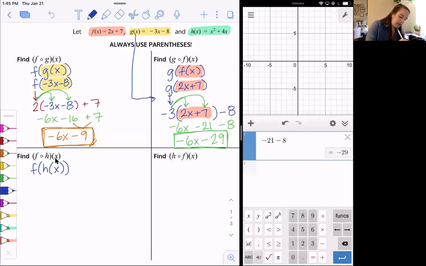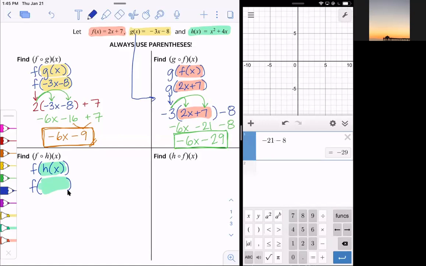All right. What is my h equation? What am I substituting in instead of h? What am I going to put in? Yes, Gabby, can you come off mute and tell us what is the h thing that I'm putting in? H will be x to the power of 2 plus 4x.